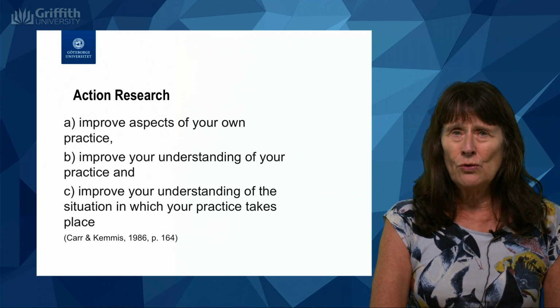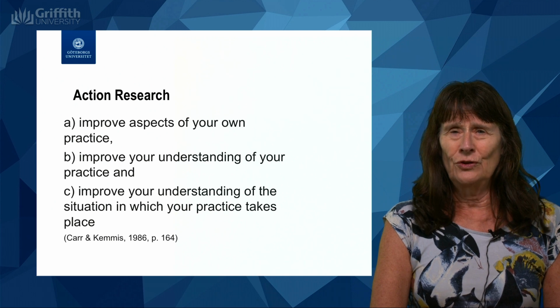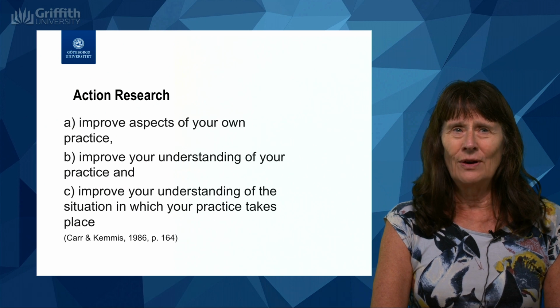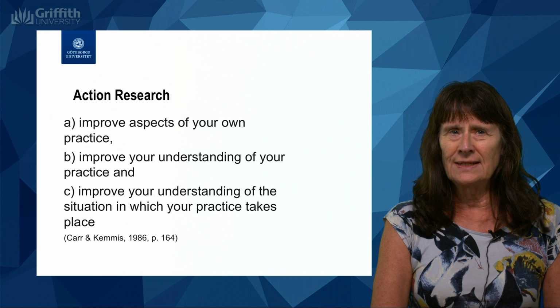So just make sure that you don't stop with the first, just improving aspects of your own practices. That's just doing actions and actions, one after another. It's very important to get to the improvement of your understanding of your practices and also where these take place.